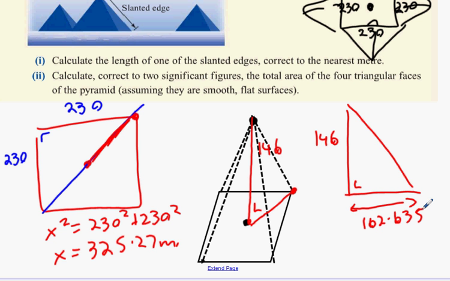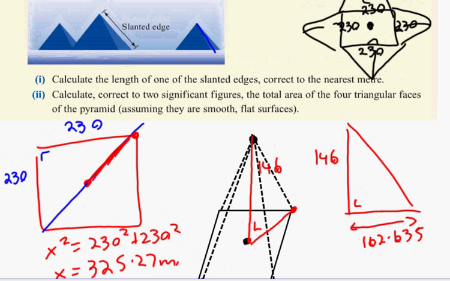What can I do to find the slant edge now? So what I'm finding out is this edge here. You alright with that? Straight down, straight across. So, I'm about to find out one of these slant edges right now, one of these guys here. So, Pythagoras' theorem one more time.